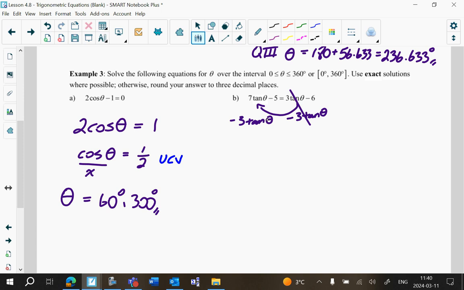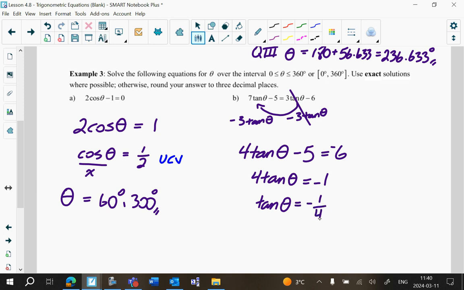So 4 tan theta minus 5 equals -6. Now what? To get tan theta by itself, add 5 to both sides. So I get 4 tan theta equals, what's that? -1. Divide by 4. So I get tan theta is equal to -1/4. And that is not a unit circle value.